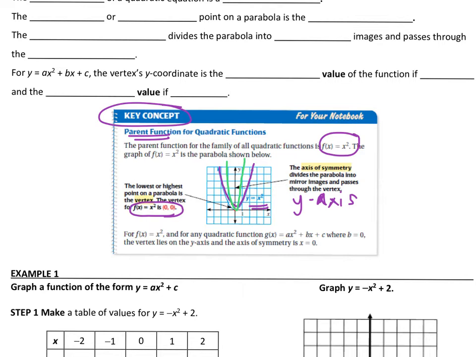Or maybe it is a little bit wider, but it still has the same vertex. So we're going to be looking at not just the parent function f of x equals x squared, but as the equation changes, how does the graph change? Does it get skinnier, wider? Does it shift to the right, or does it shift up? So that's what we're going to be looking at, not just graphing, but also making some comparisons.